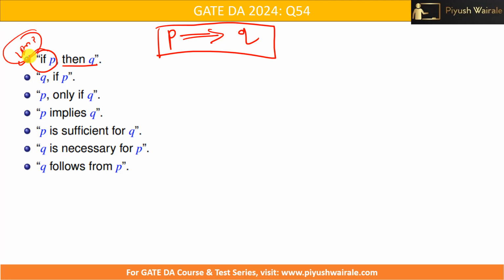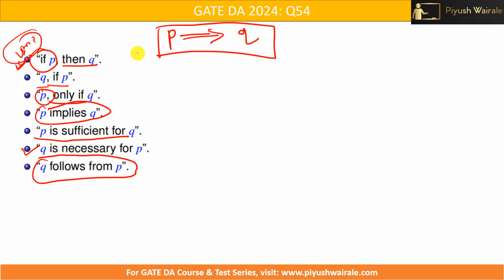It also reads as Q if P, P only if Q, P is sufficient for Q, Q is necessary for P, and Q follows from P. But in simple language, just remember: if P then Q.